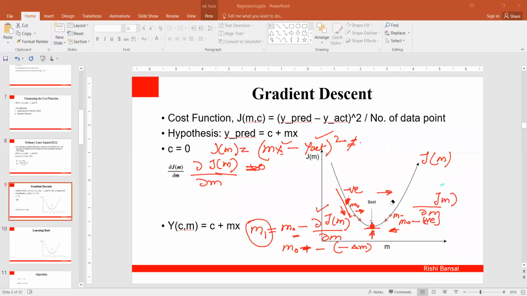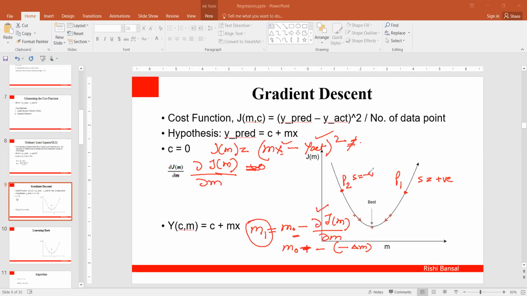It became very dirty. I will call this P1 and this P2. Here your slope is positive, and here your slope is negative, correct?